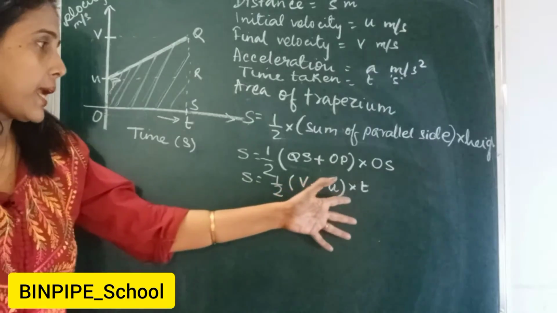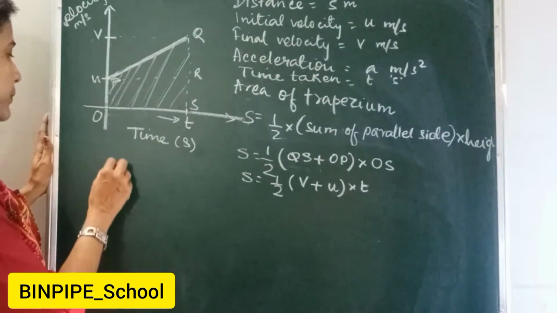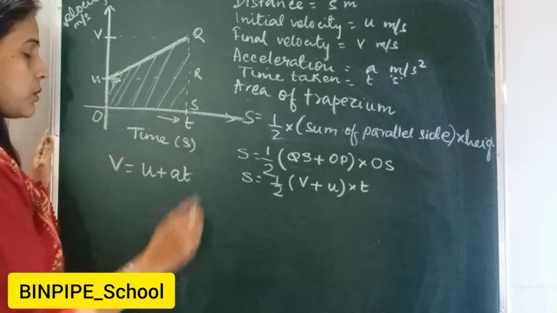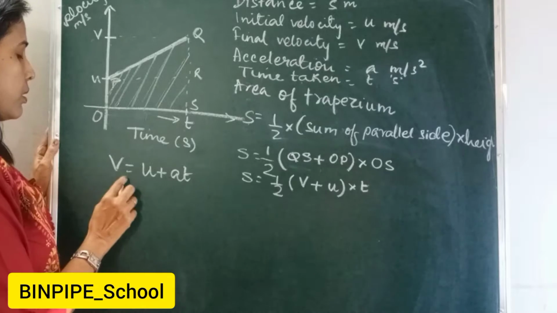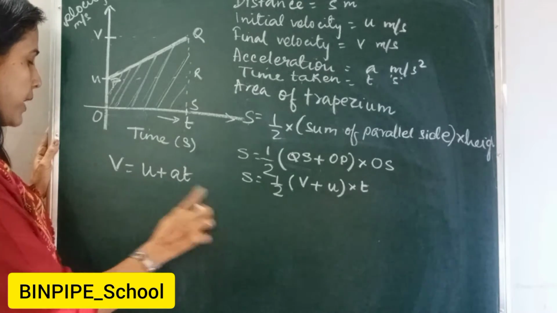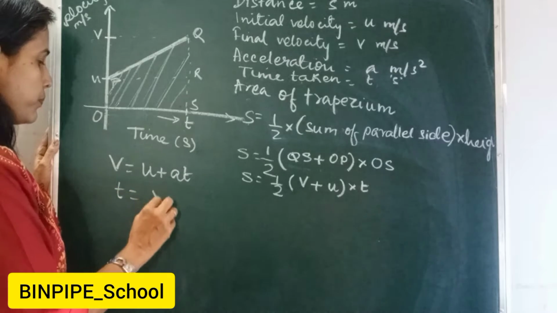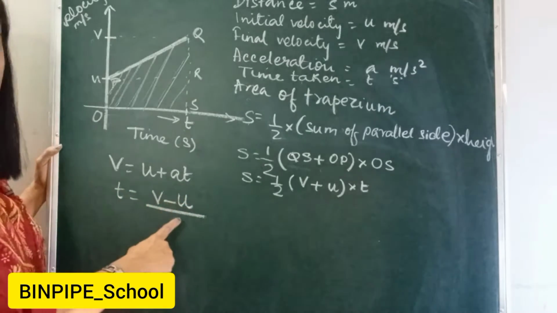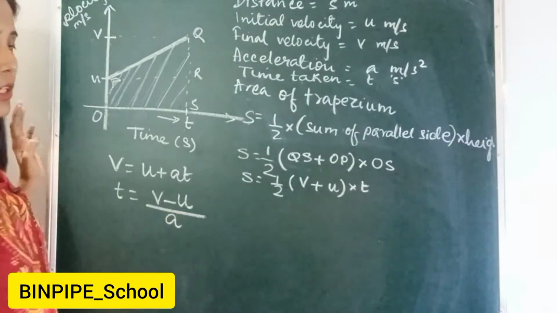Now instead of time, we use the help of the first equation of motion. If you remember the first equation of motion, from there we can derive the value of time: t is equal to change in velocity by acceleration.